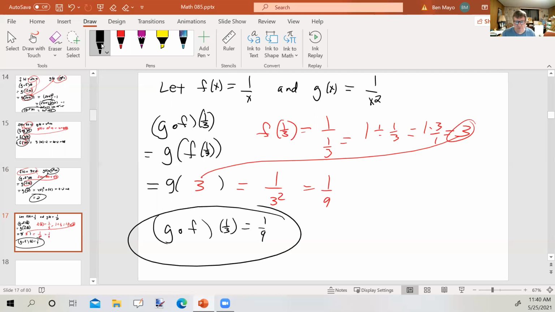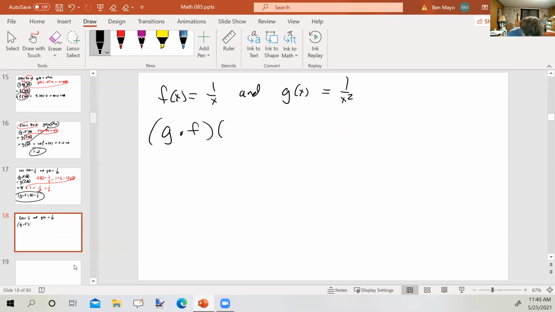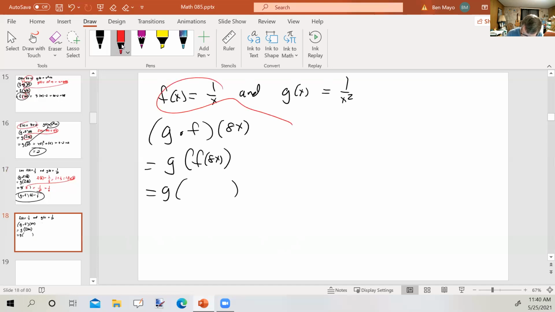For this given set of functions, f of x and g of x, let's take a look at this one. Again, we're going to let f of x equal 1 over x and g of x equal 1 over x squared. We're going to find g composed with f of 8x. So that's equal to g of f of 8x. What is f of 8x?